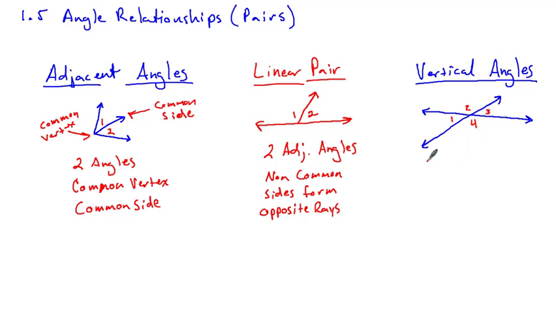So vertical angles are 2 non-adjacent angles formed by intersecting lines.